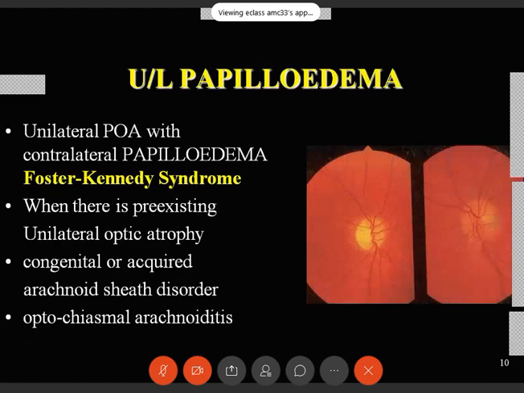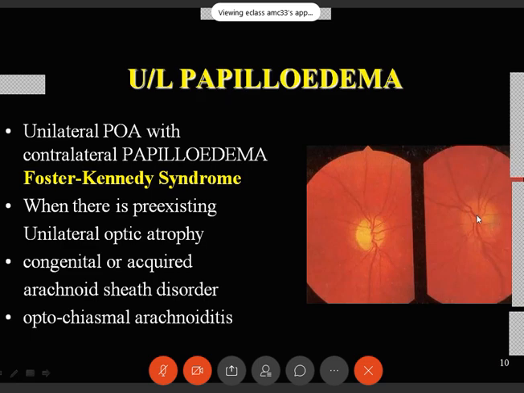Sometimes papilledema can be unilateral. Primary optic atrophy with contralateral papilledema is seen in Foster-Kennedy syndrome. Here the optic atrophy is present and the optic nerve is degenerated.